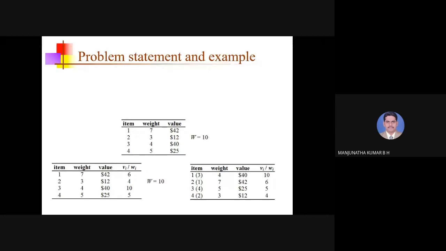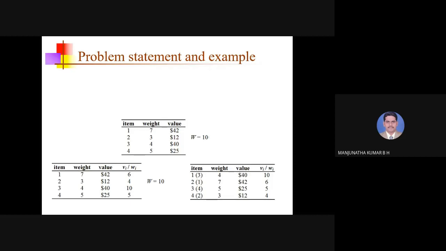This is the profit weight ratio calculation. After calculating the profit weight ratio, arrange the items in the descending order of their profit weight ratio. Now observe here. In the given problem, the third item's ratio is 10. The next best one is 6, the first item. The next best one is 5, the fourth item.